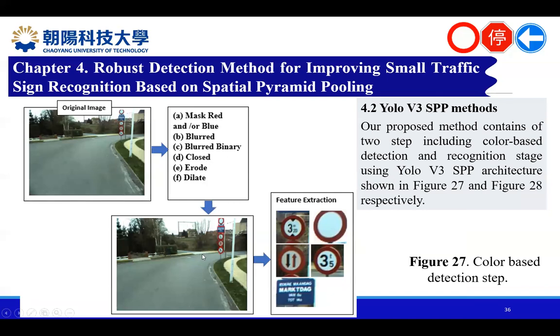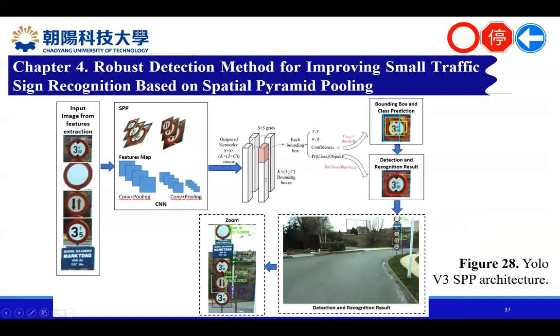After that, we know exactly where the position of our sign is, and we do the feature extraction. We will use the feature extraction in the next step.